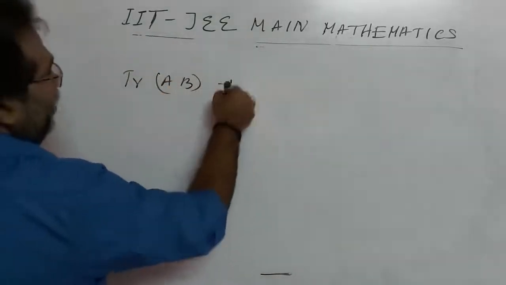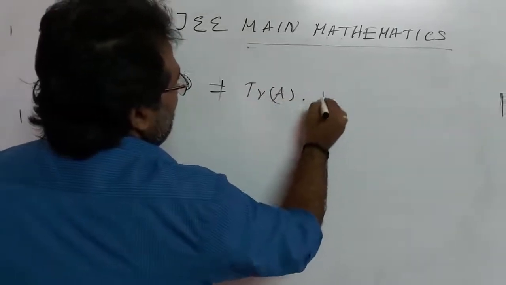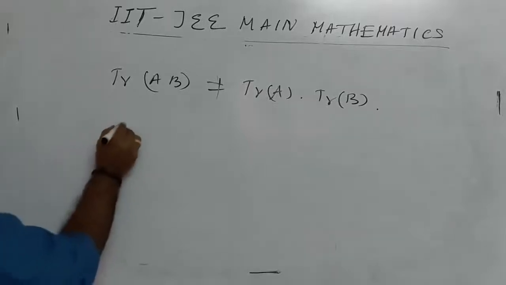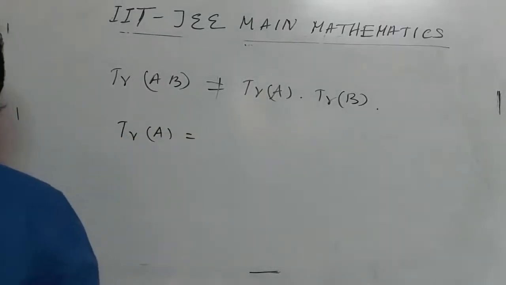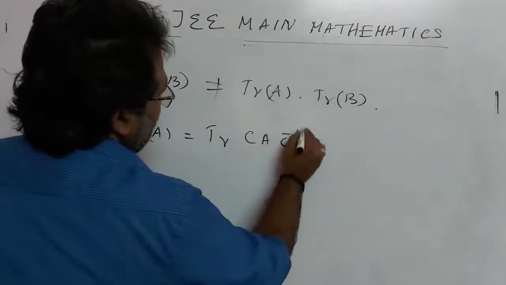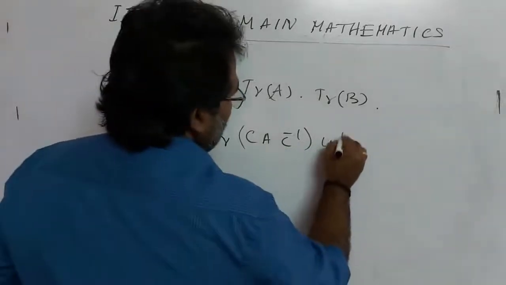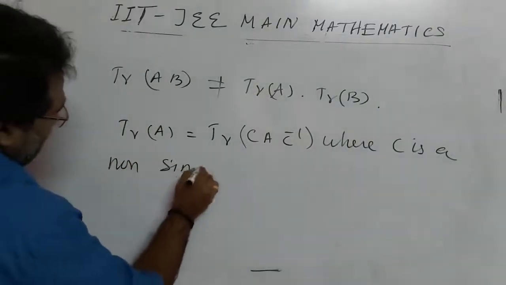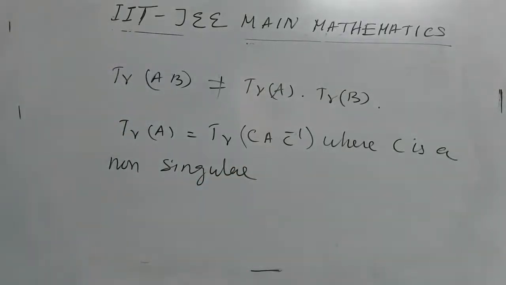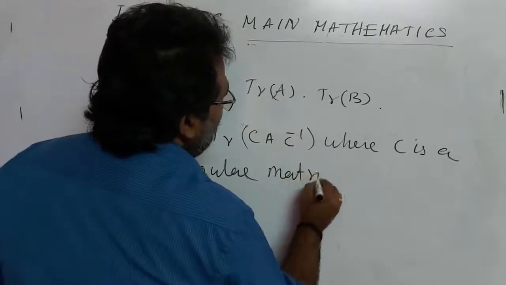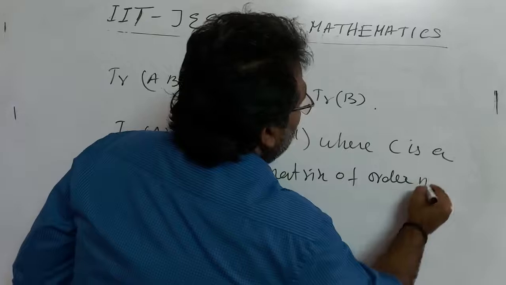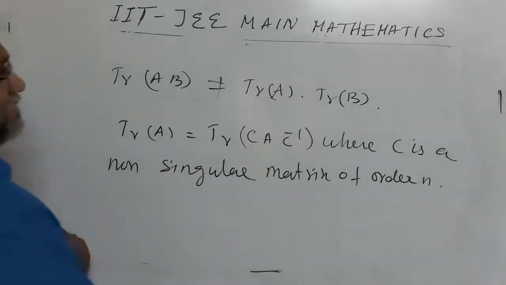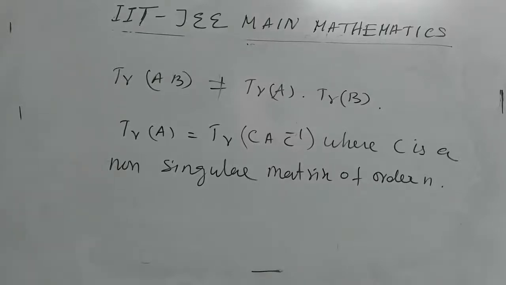Trace AB not equal to trace A into trace B. Trace A equal to trace C A C inverse, where C is a non-singular matrix of order n. So trace A equal trace C A C inverse where C is a non-singular matrix of order n.